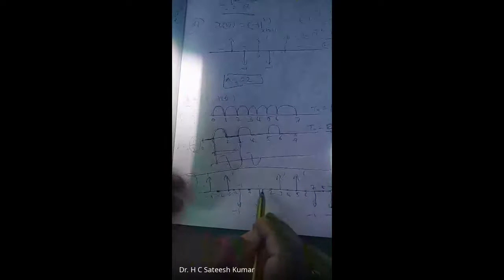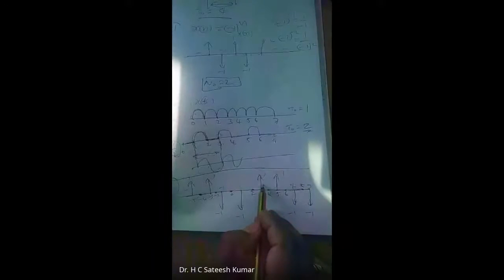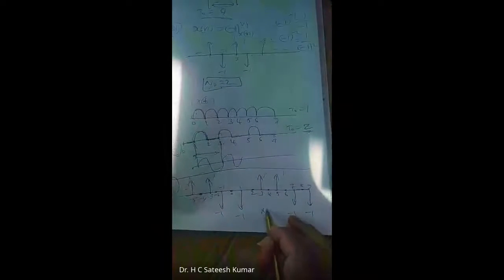What is the period here? Count the elements. Let us say it starts from here. 1, 2, 3, 4, 5, 6, 7, 8. This one is repeated. So therefore, n naught is equal to 8.